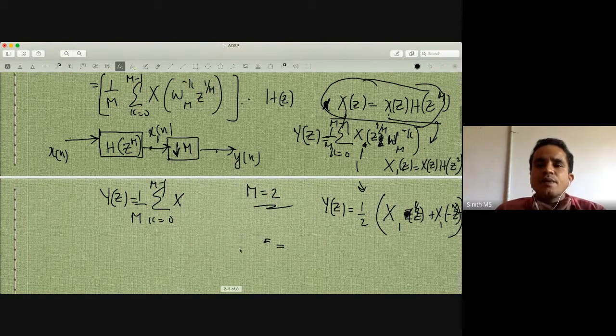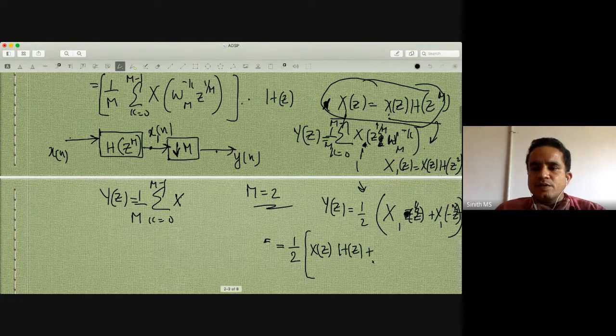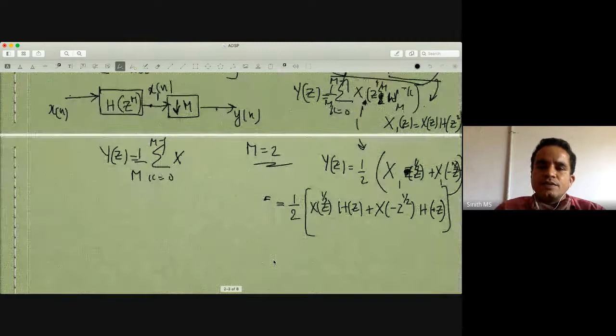If you substitute it here, Y(z) becomes half of X(z raised to half) into H(z), plus again X1(minus z raised to half) replaced by X of minus z raised to half into H of minus z raised to half, whole squared. Minus z raised to half becomes plus z. So this is what you get.